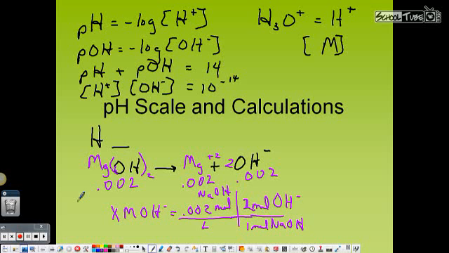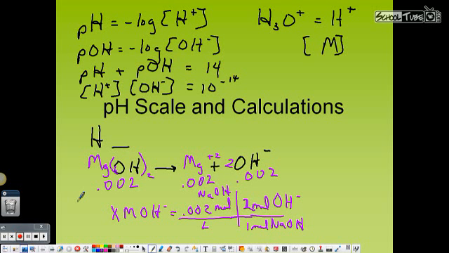So when you look at your acid or your base, if there's one OH, then the molarity of that base is the same as the molarity of the OH. If you have more OHs, then you have to account for that in your formula. Because your formula asks for the OH concentration, not the Mg(OH)2 concentration.